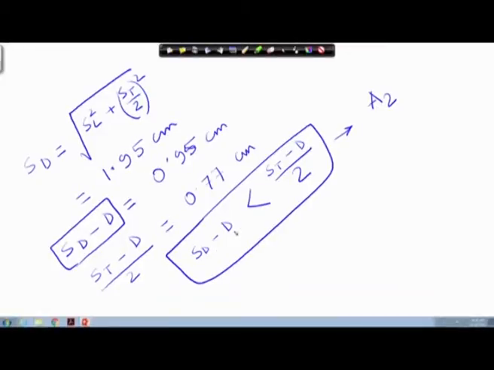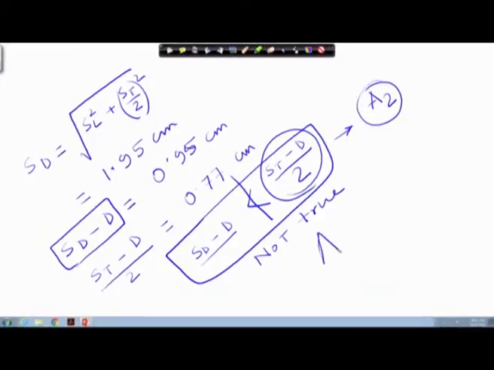But this is not satisfied, because 0.95 is not less than 0.77. So this condition is not true, and we can understand that the minimum area is occurring at A1.